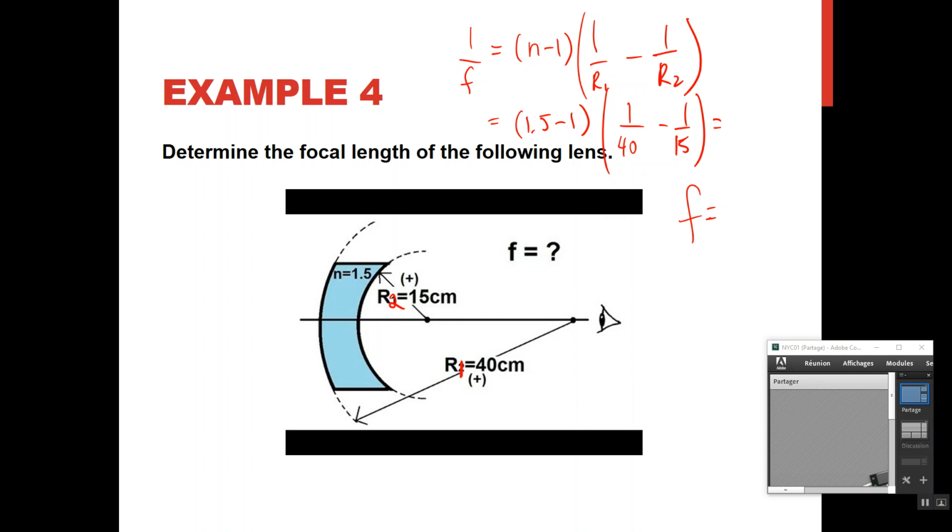Is this going to be a diverging or converging lens? Diverging.